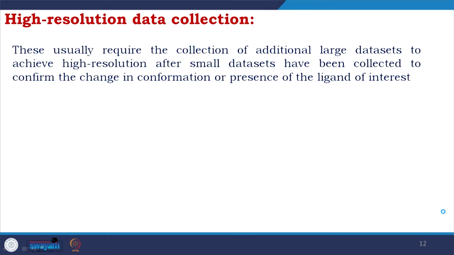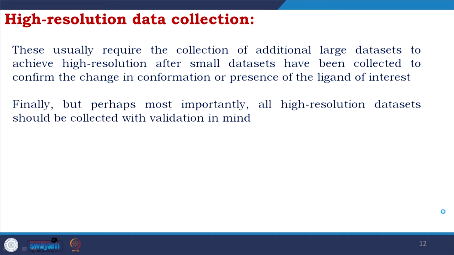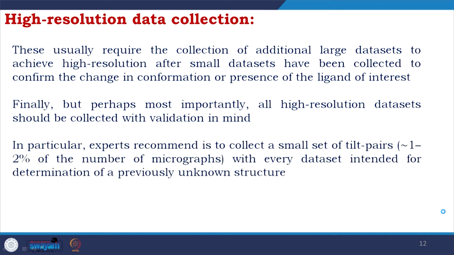This usually requires the collection of additional large data sets to achieve high resolution after small data sets have been collected to confirm the change in conformation or presence of the ligand of interest. Finally, most importantly, all high resolution data sets should be collected with validation in mind.